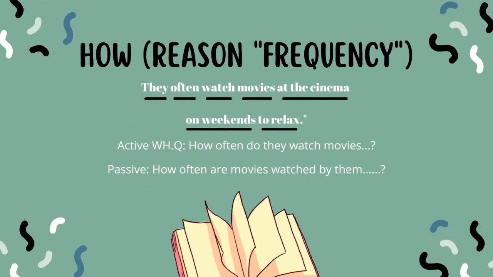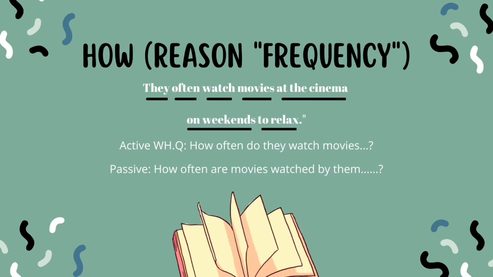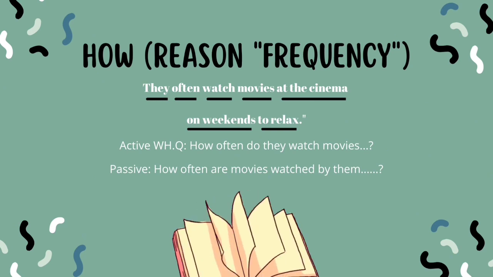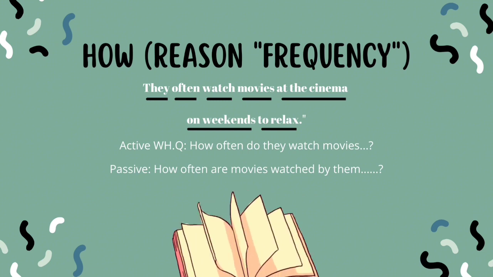Next, the second what-how question is how. It's used for asking frequency, and especially for the sentence I used a frequency. The sentence is: they often watch movies at the cinema on weekends to relax. The explanation of this what-how question is the same as the previous.